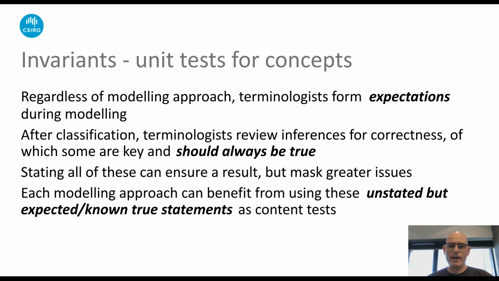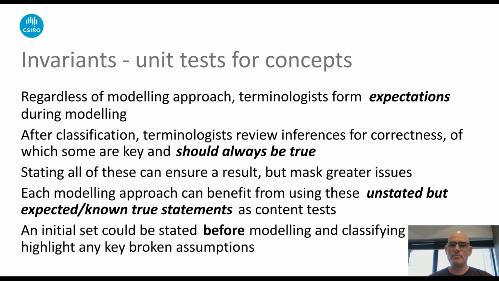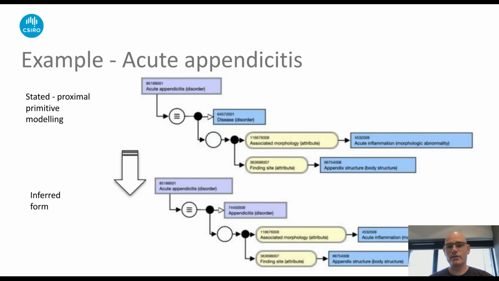So each modelling approach can actually benefit from these, and those unstated statements that are expected or known to be true can be used as content tests for any of those approaches. So an initial set could be stated even before the modelling was performed, and the classification can then highlight any of those broken assumptions, a bit the way that we would with software.